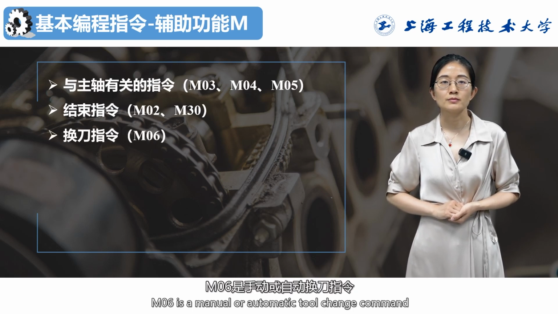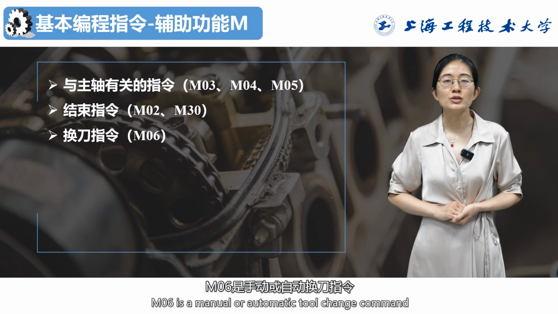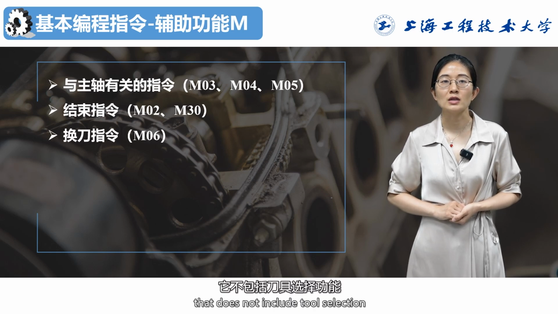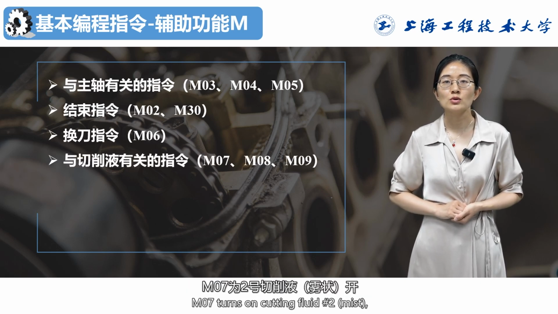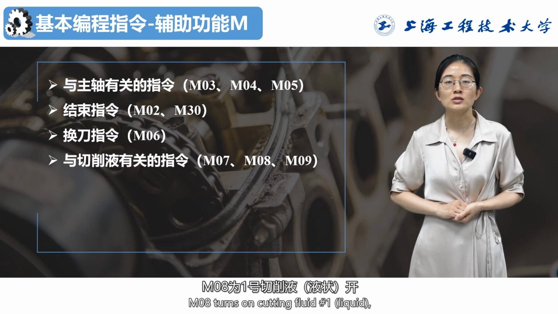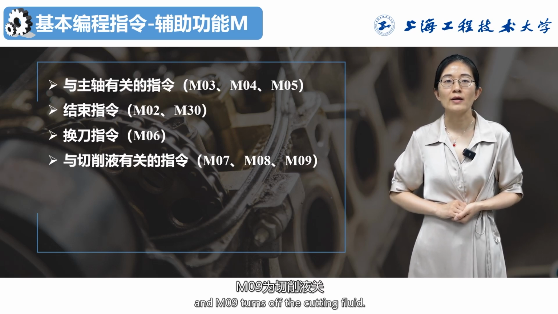M06 is a manual or automatic tool change command that does not include tool selection, but does stop and orient the spindle. M07 turns on cutting fluid to mist. M08 turns on cutting fluid 1 liquid, and M09 turns off the cutting fluid.